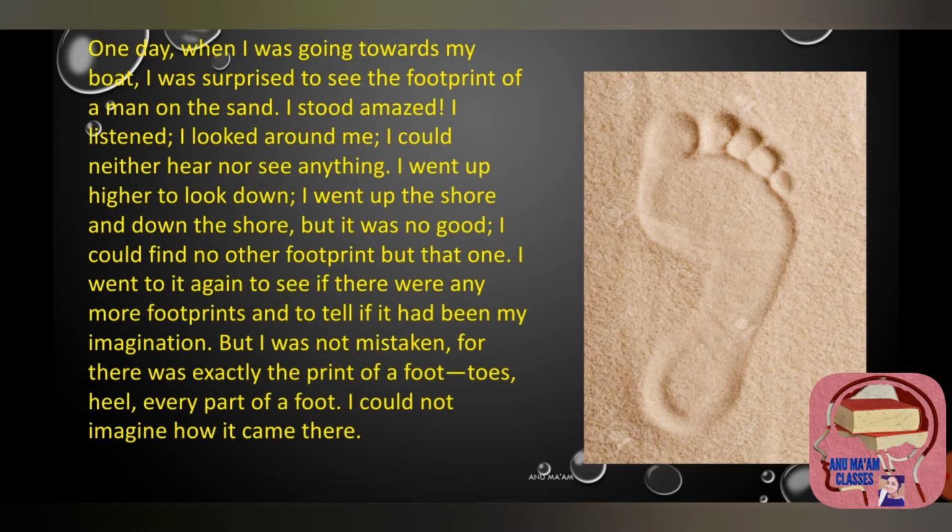So he was very much surprised about whose footprint that was. So he was trying to confirm whether that was actually a footprint. So he went near it again and watched it closely.